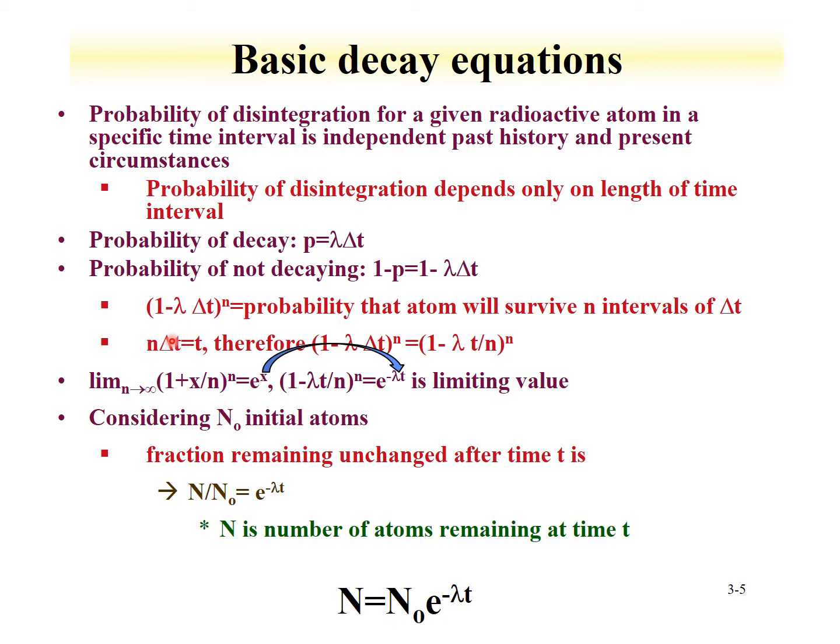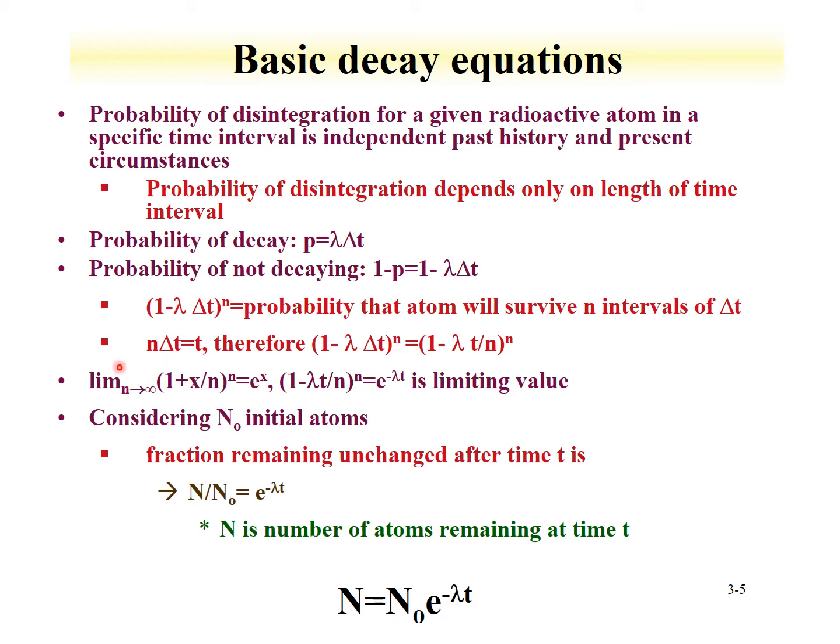Then n delta t is just equal to our time, the number of time units we're interested in, our total time. Therefore, (1 minus lambda times delta t) to the n is just equal to (1 minus lambda t divided by n) to the n. Again, n is the number of intervals, and t is this time.